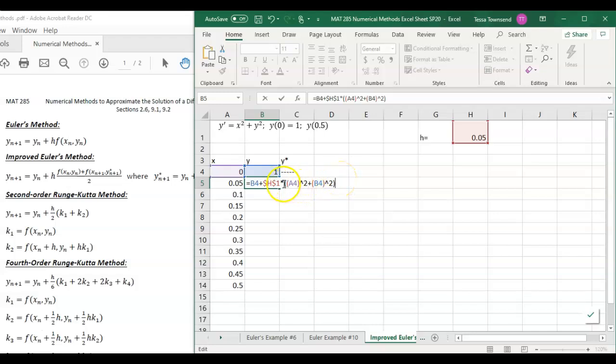We're going to need another parenthesis here because we have a whole bunch. So there's that function evaluated at 0, 1. Now we've got to do that differential equation evaluated at x sub n plus 1, y sub n plus 1. So it's going to be plus another parenthesis.